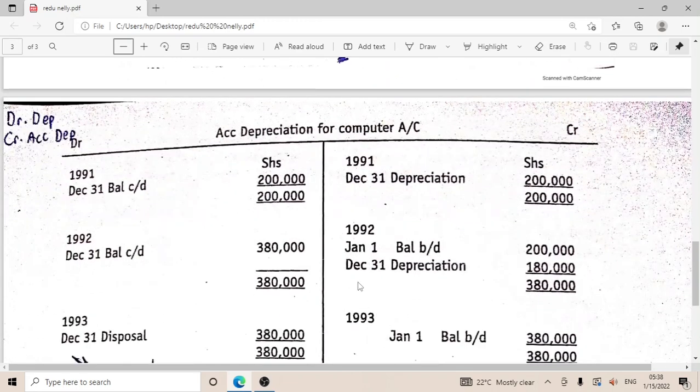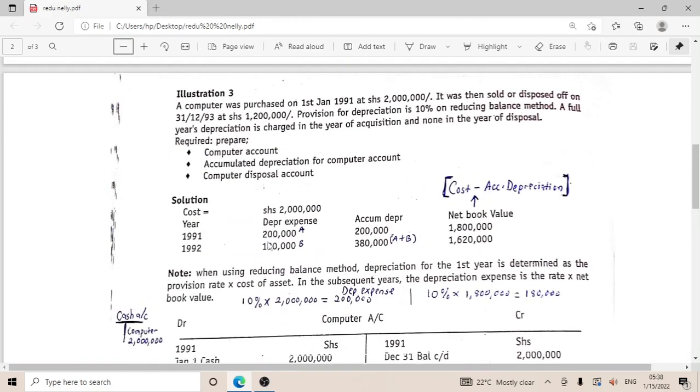You have depreciation 31st December, and then you look for your depreciation expense, which was 180,000.